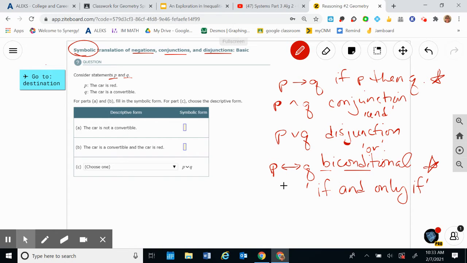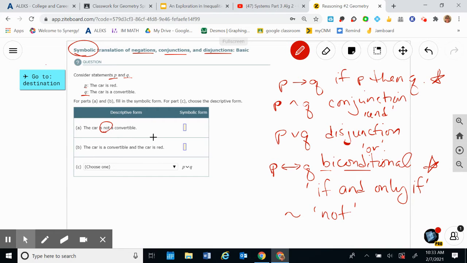These are the representations. Then you have this symbol that means not. That little symbol means not. So here we got P says the car is red. Q, the car is a convertible. Not Q says the car is not a convertible. So look, that relates to the statement Q, the car is a convertible, but it says it's not.